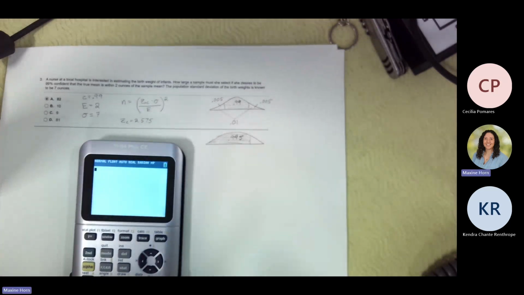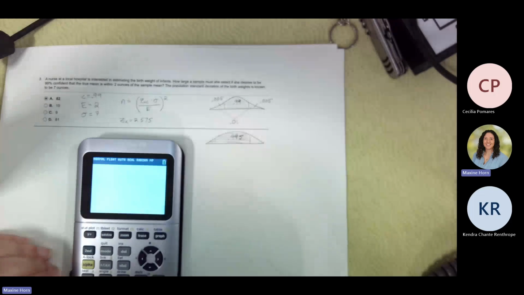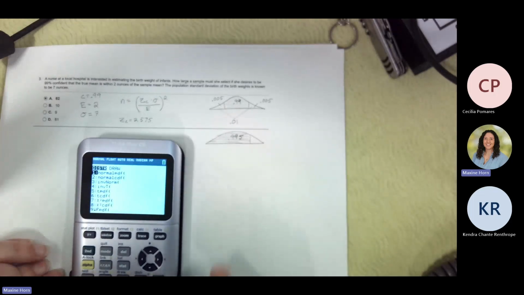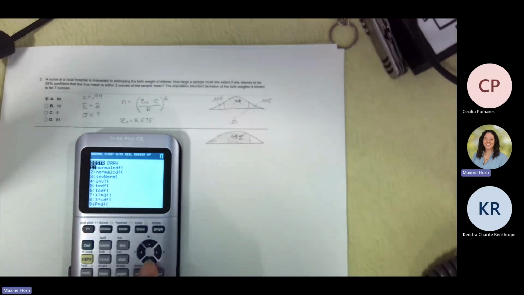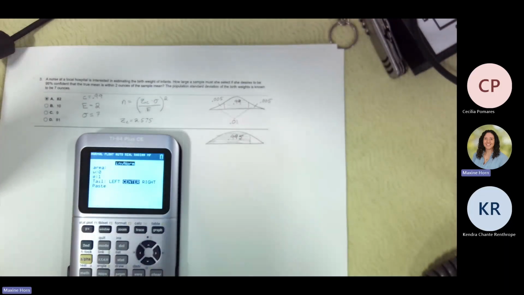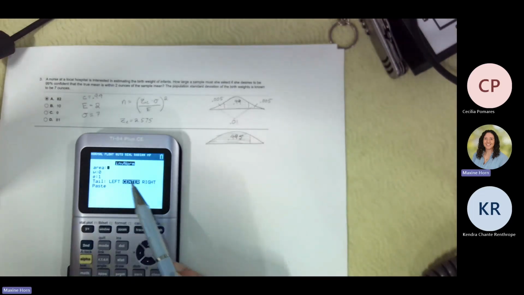So how would we find that on our calculator? If I didn't want to look it up in the table, I can say second vars, inverse norm, and we can say that we want the center.